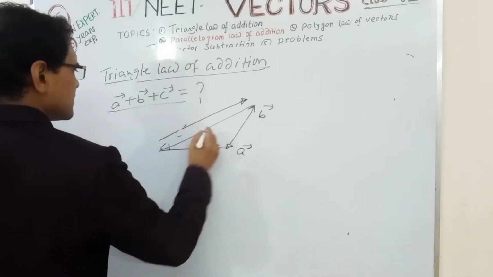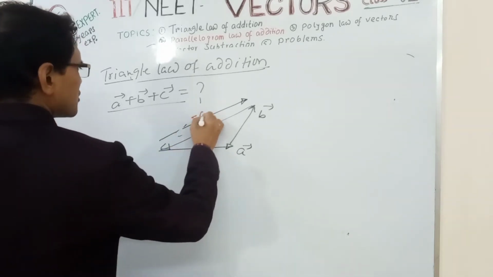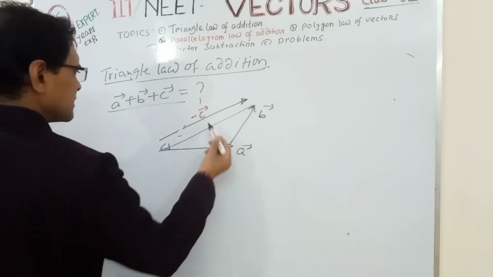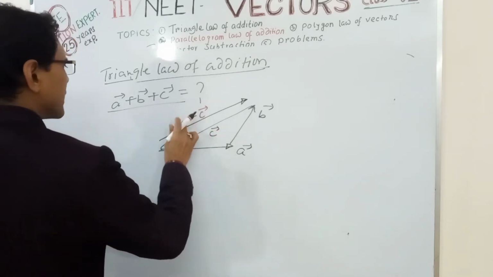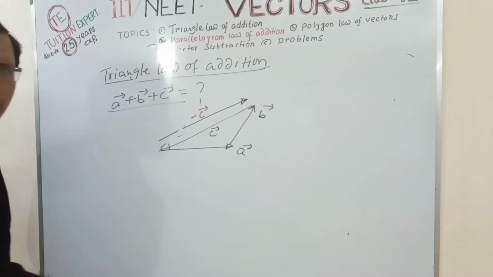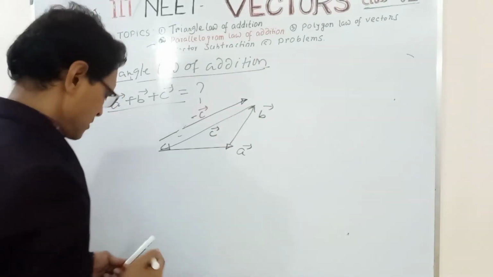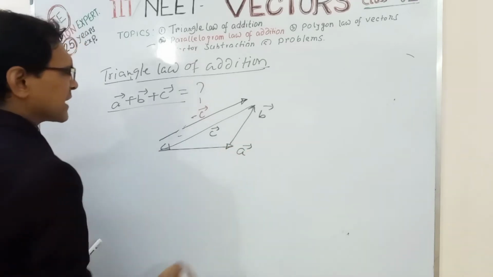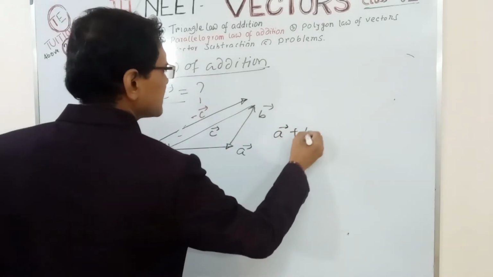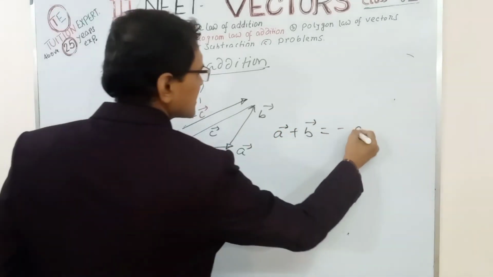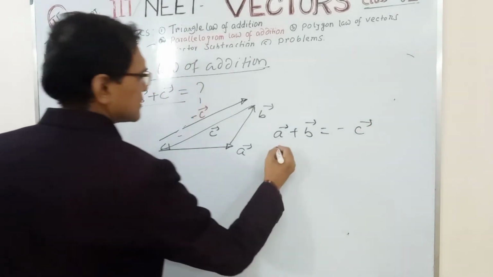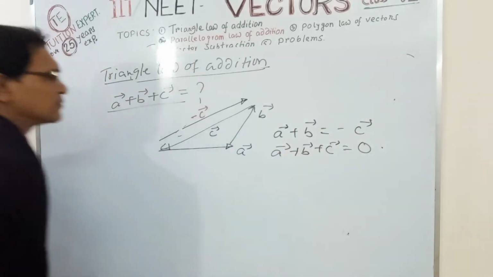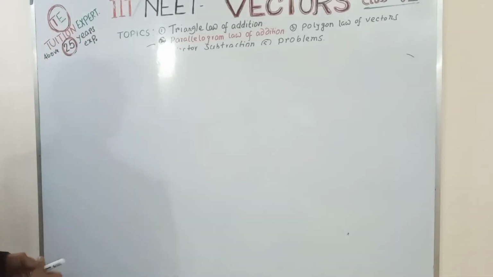If this is C, then this will be minus C. Now we use the triangle rule: A plus B equal to minus C. That is, A plus B plus C equal to 0. This is the result.